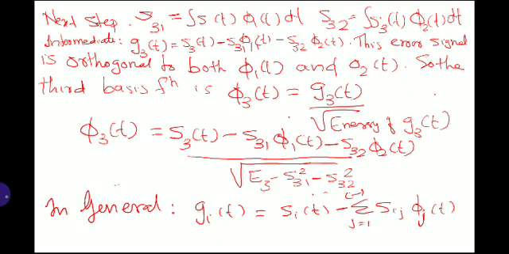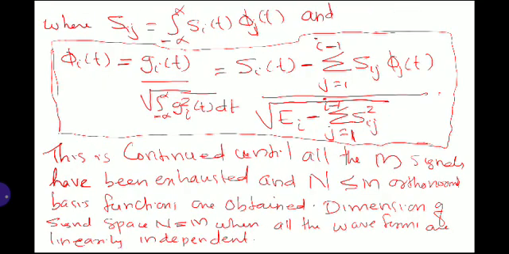So this is the error between the signal and its approximation. That error will be orthogonal to each of the basis functions. And here the coefficient Sij is the integral from minus infinity to infinity of Si of t into phi j of t dt. So this Gi of t is orthogonal to each of the basis functions.